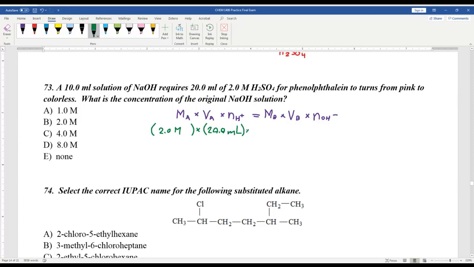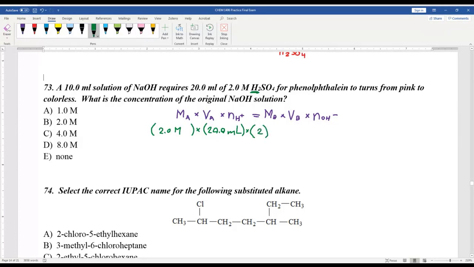And how many acidic hydrogens are in sulfuric acid? The number of H pluses in sulfuric acid. 2, yep. If I look at the formula, I see that it's H2. There's 2 acidic hydrogens.